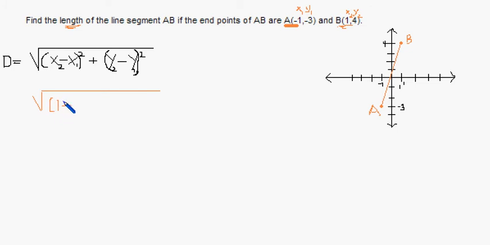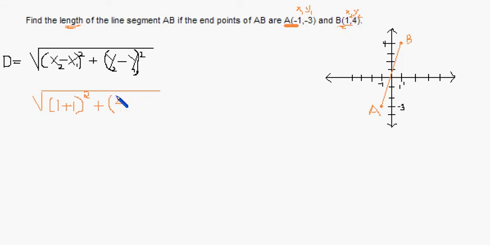Now you have to be careful with this one. We're subtracting a -1. So when you subtract a -1, you're really adding a 1. Remember, two negatives turn into a positive if you're multiplying. So now I just have 1 plus 1, plus the next point, y2, which in this case is 4.